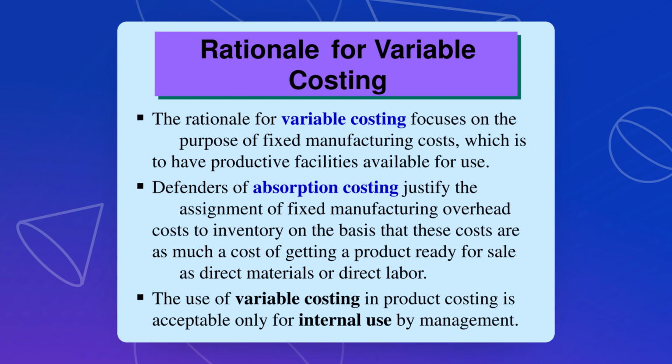Defenders naman of the absorption costing is that it justify the assignment of the fixed manufacturing overhead costs on the basis that these costs are much a part of getting product ready for the sale as the direct materials and direct labor.